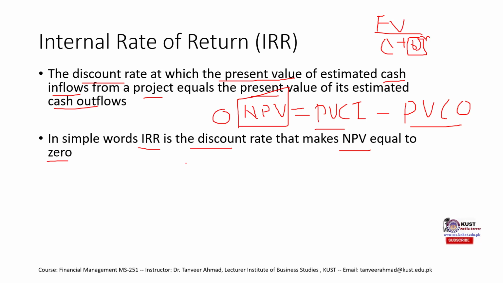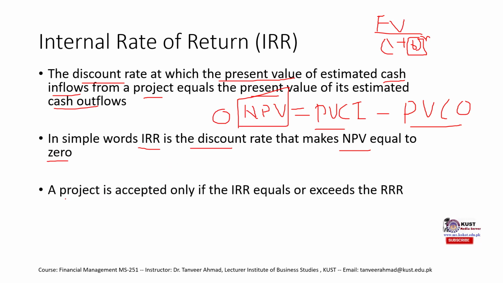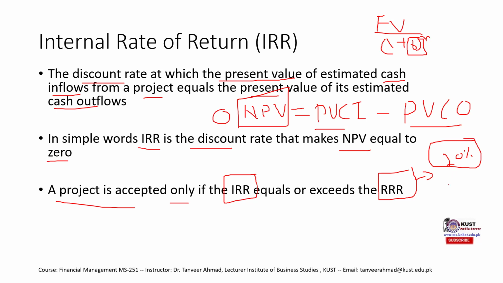So when do we accept a project on the basis of IRR? A project is accepted if the IRR that we find is equal to or greater than RRR. And what is RRR? It is the required rate of return. Let's say a company's required rate of return is 20%, then we would only accept a project that has an IRR of 21%.